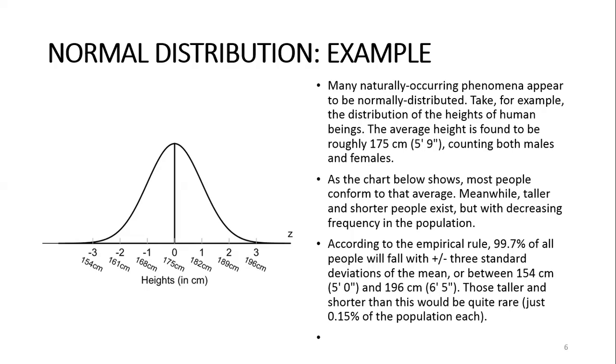So when you begin to talk of people that are taller than 6'5", those are extremely few, like those basketballers. Those taller and shorter than these will be quite rare, a total of just about 0.15% of the population each.